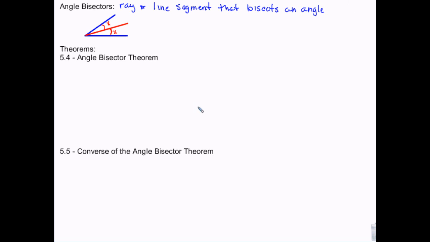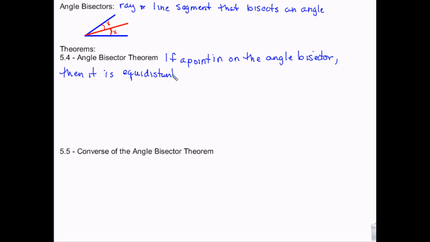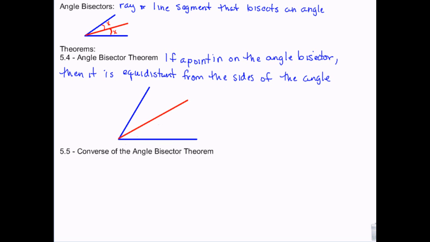The angle bisector theorem tells us that if a point is on the angle bisector, so what I'll have is some angle. And then I'll have an angle bisector.